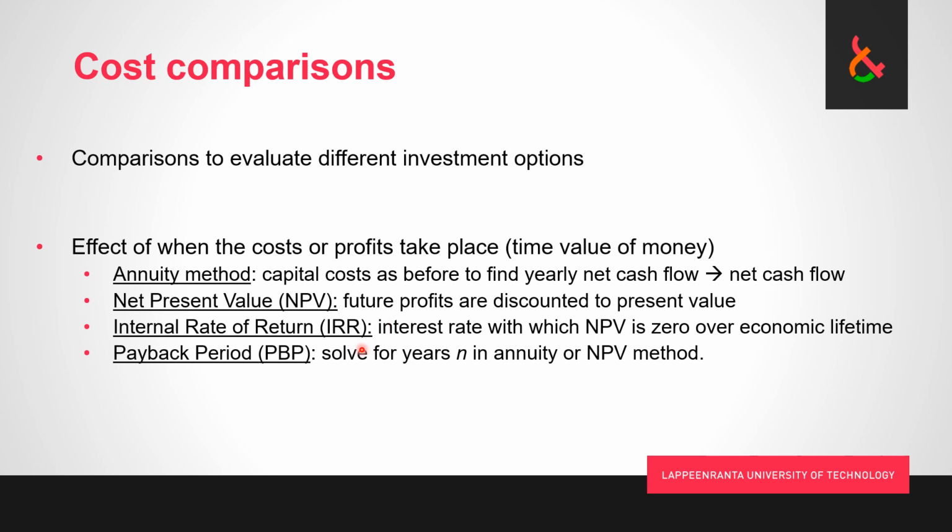Finally, we have the payback period, where the idea is that we solve not for the interest rate, but for the number of years that it takes, with your given assumptions of profits and total capital investment, to pay back the investment. So you can start from the annuity method and the annuity factor, or the net present value method and the net present value factor, and solve for the n in the equation, and then get the number of years, and that's going to be your payback period.